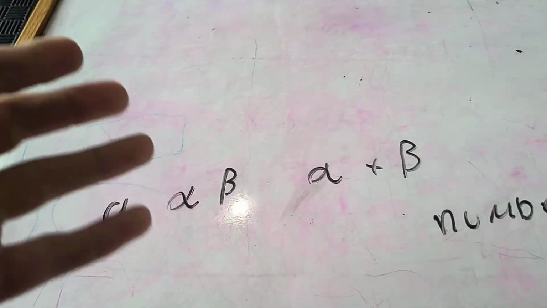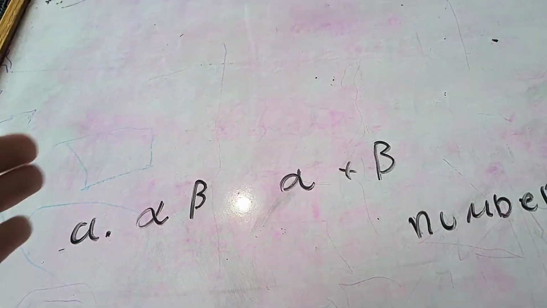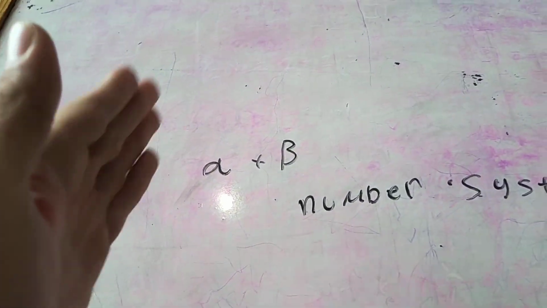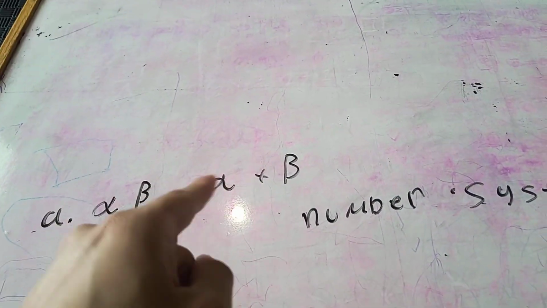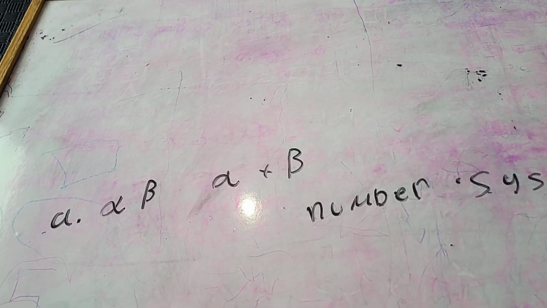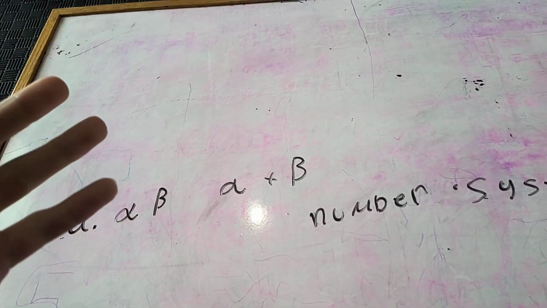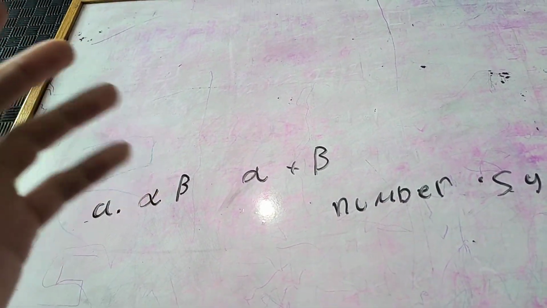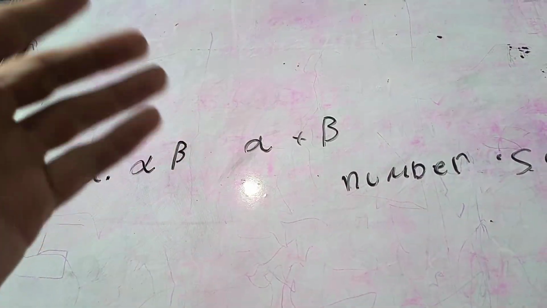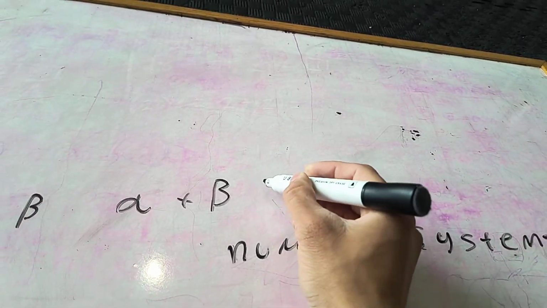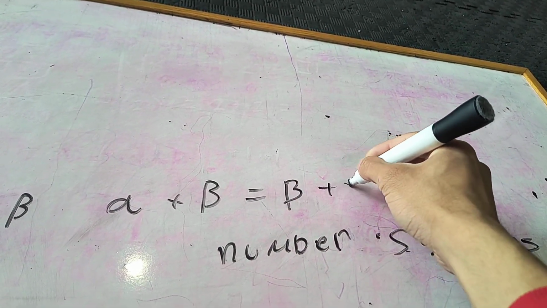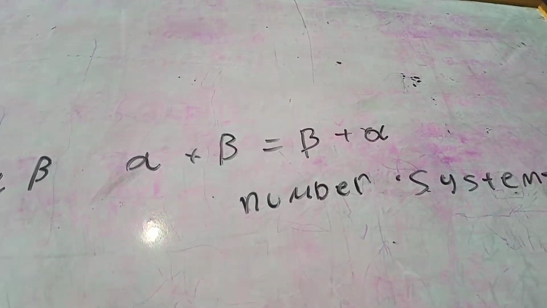So for any two numbers in K, whenever you add them up, there needs to be another unique number in K. That's one rule. Another rule is that alpha plus beta has to be the same thing as beta plus alpha, as in the order doesn't matter.